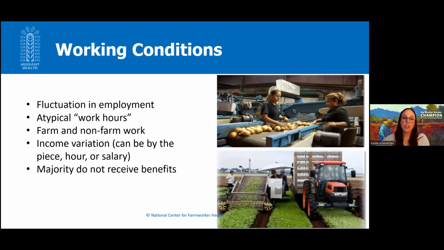There are several different ways of receiving income for ag workers. Some are paid by the hour, some are paid by the piece picked, and some are paid with salary. 86% of ag worker households reported not receiving a benefit of a needs-based program in the past 2 years. So the majority of ag workers do not receive any type of benefits.